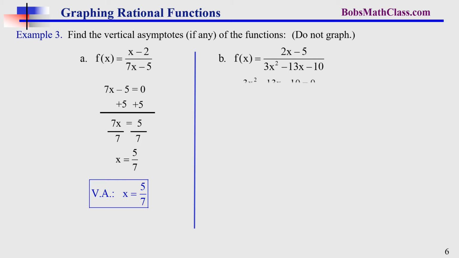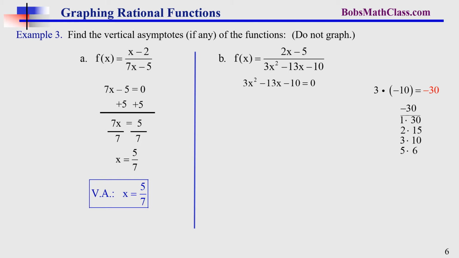Okay, part B, set it equal to 0, multiply the first number and the last number. That gives us a negative 30. List our factors, list the pairs, 1 and 30, 2 and 15, 3 and 10, 5 and 6.